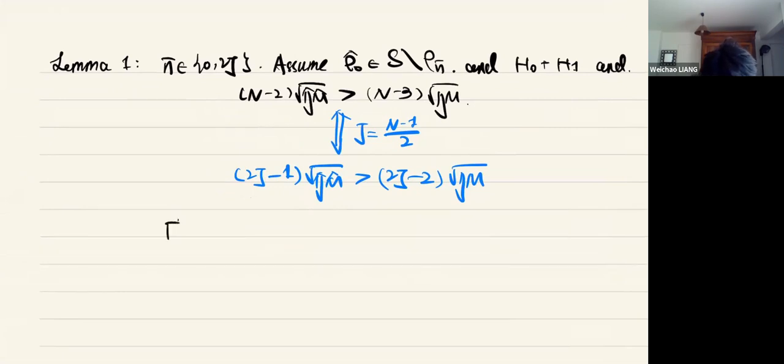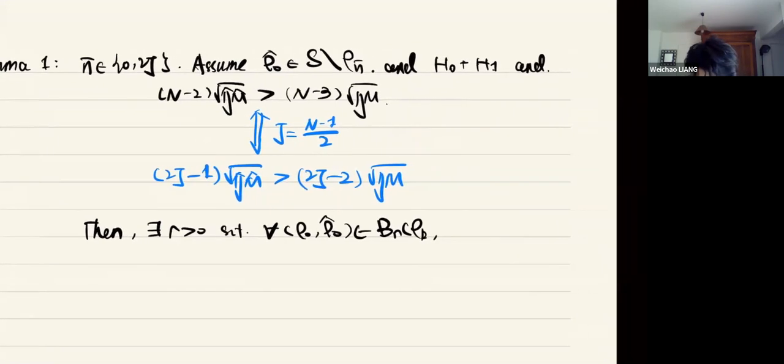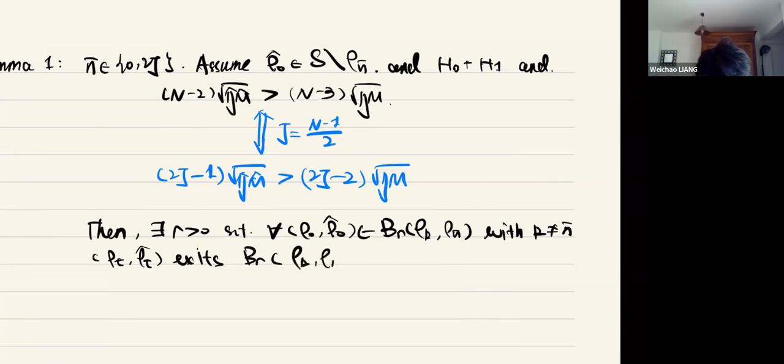Then there always exists a positive constant such that for all ρ0 hat in a neighborhood of the bad equilibrium, the trajectories of the coupled system exit such a neighborhood in infinite time, almost surely.